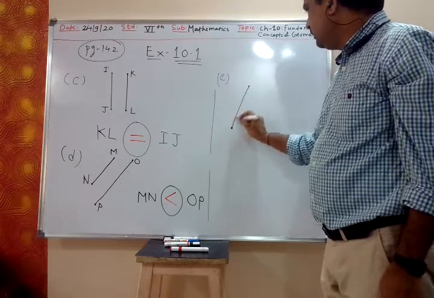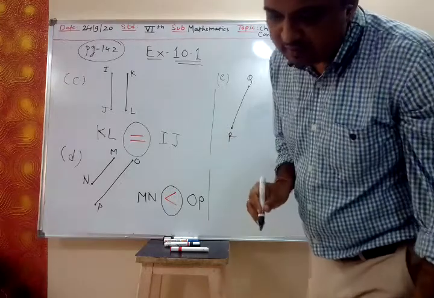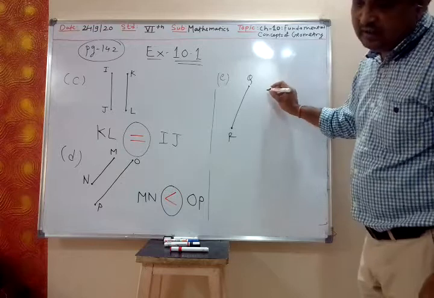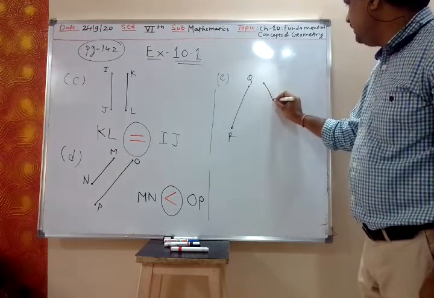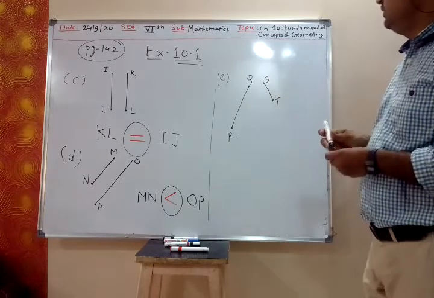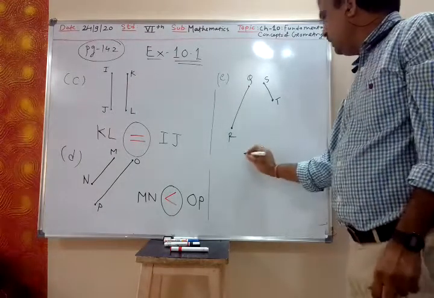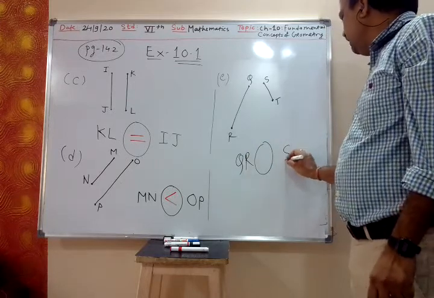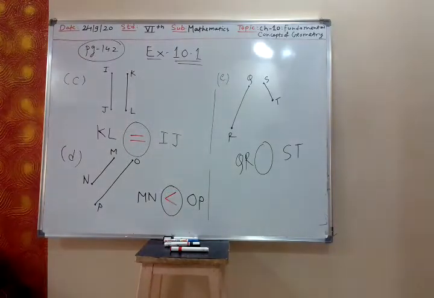QR and ST. This is S and this much is T. QR and ST, both are line segments because there are no arrows.